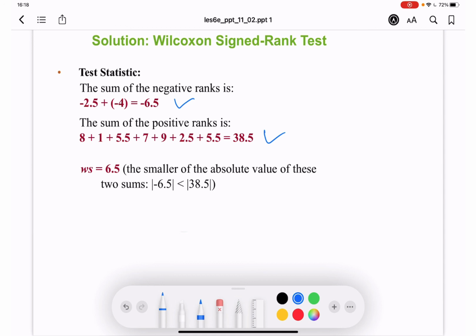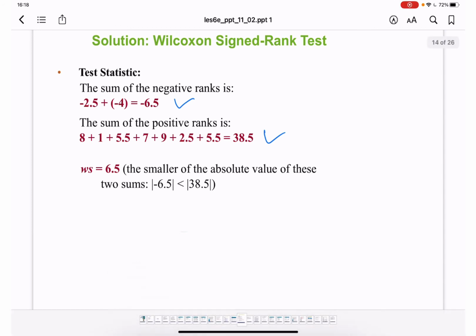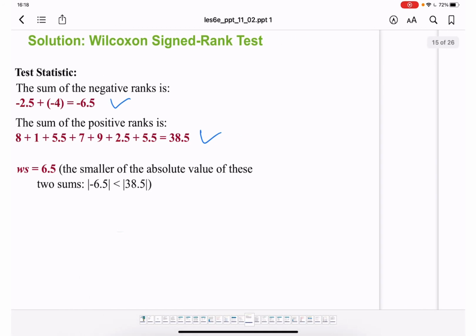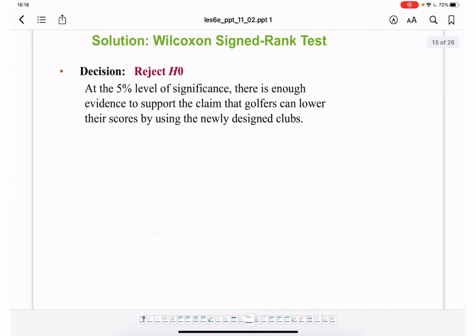So the critical value we got was 8. Comparing to 6.5, our test statistic is 6.5. The 6.5 test statistic is less than our critical value. Therefore, we are going to reject the null hypothesis.